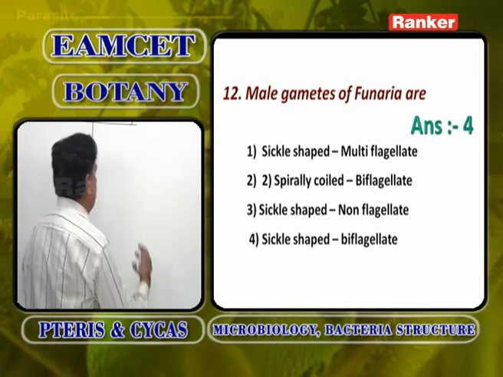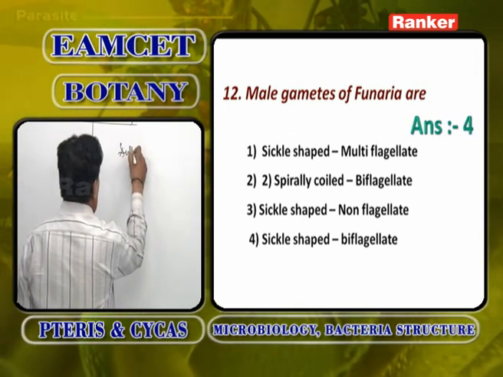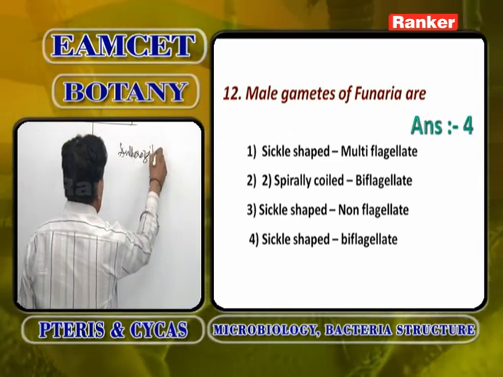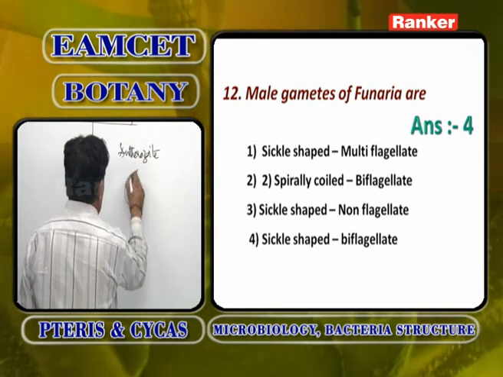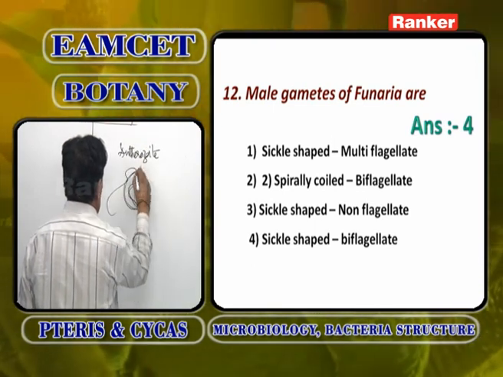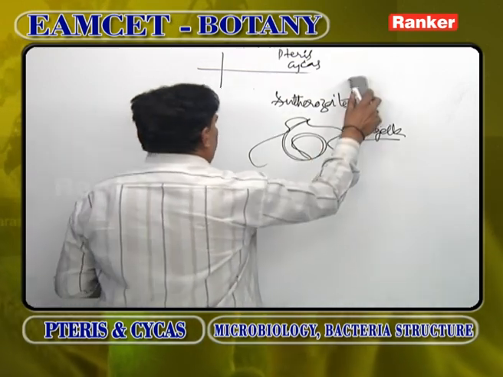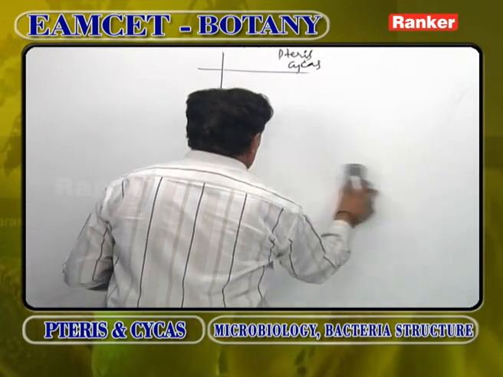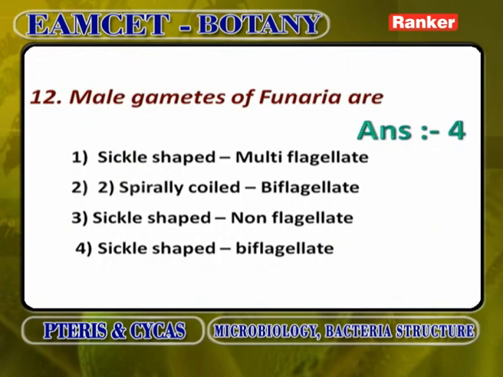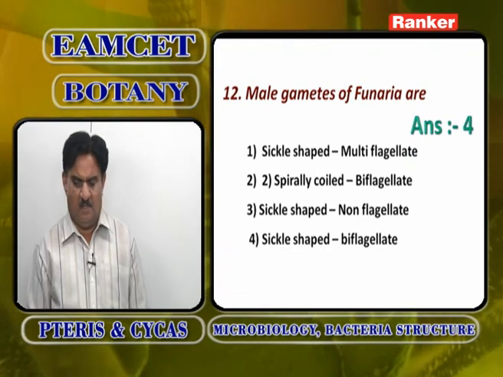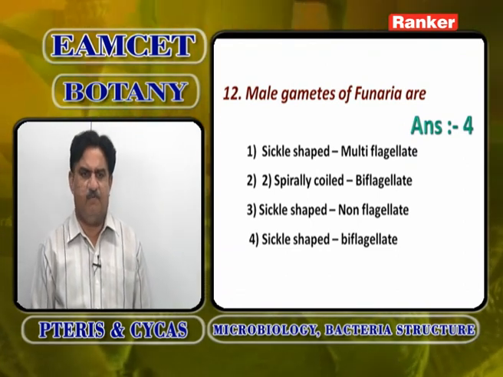Every antherozoid in Funaria is sickle-shaped with two flagella. They come out as a group, fall into the surrounding moisture, and by chemotaxis reach the archegonium and perform fertilization. So, the answer is sickle-shaped biflagellate.